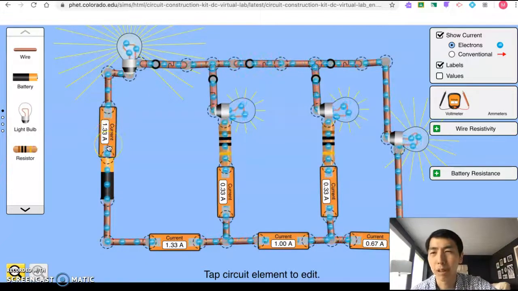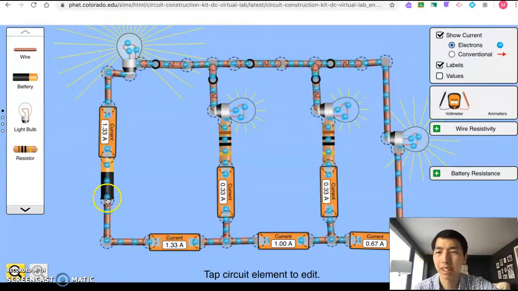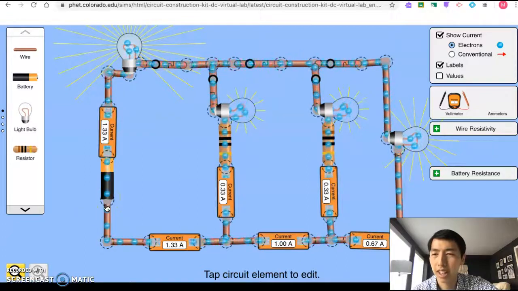I'll just draw them out with my mouse here. So starting at one terminal of the battery, I can go down and go up the first pathway here where there's a resistor and a light bulb, meet this junction, and then come back to the battery. Okay, so that's one loop.